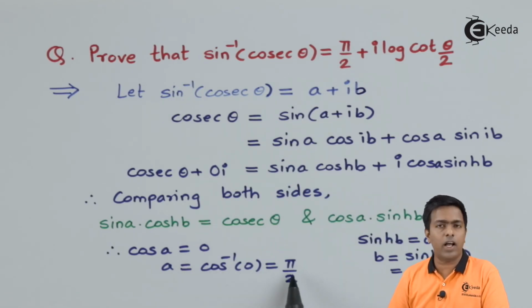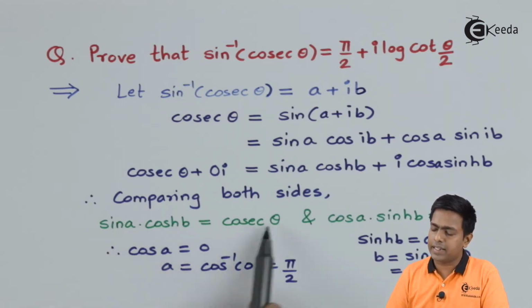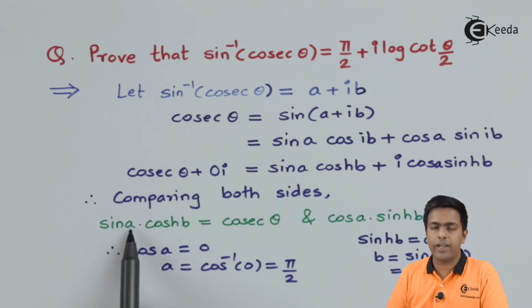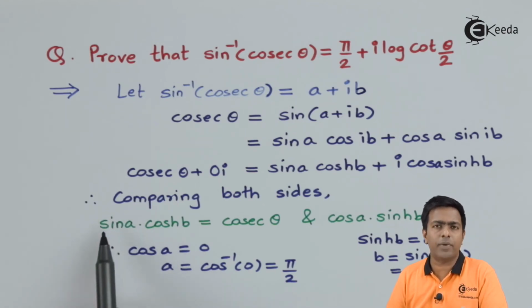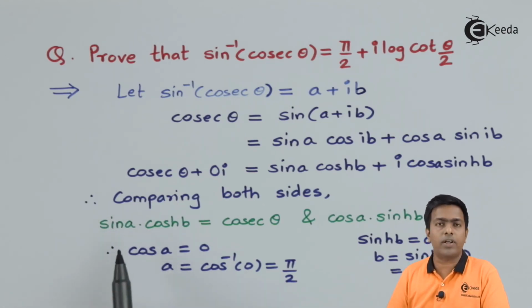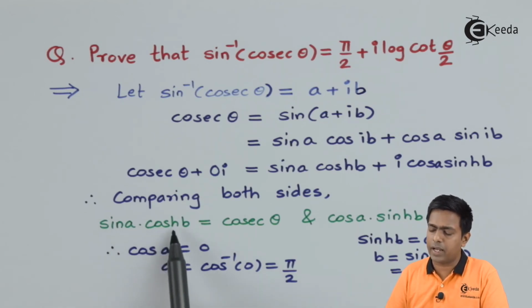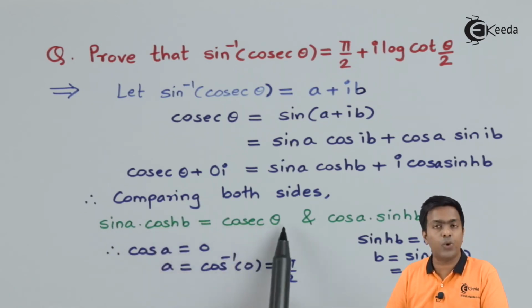Now we'll use this value and substitute it in the given equation. Since A is pi upon 2, sine of A will be sine of pi upon 2, and this is 1, because sine of 90 is 1. So what is remaining? Here we'll get hyperbolic cos B is equal to cosec theta.